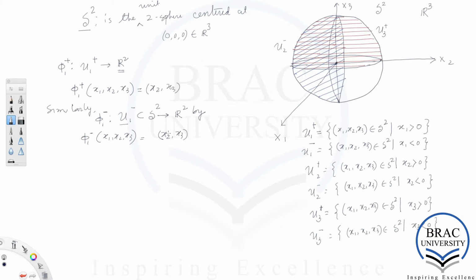Similarly, one can define phi 2 plus minus by disregarding the second coordinate, and phi 3 plus minus acting on X1, X2, X3 by disregarding the last, or third, coordinate. This is how you define these 6 maps: phi 1 plus minus, phi 2 plus minus, and phi 3 plus minus.